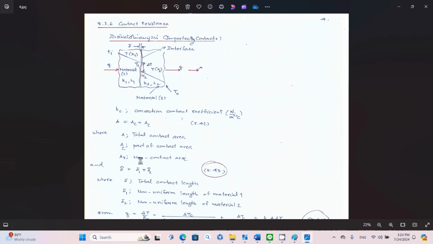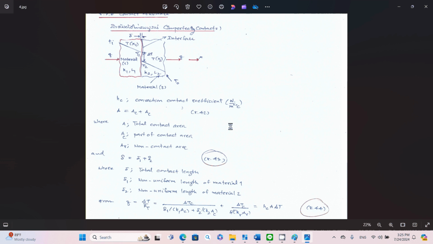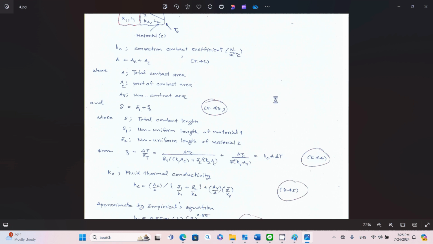You have a gap in the form of air. That's the non-contact area. So the total area is equal to the contact area plus the non-contact area, from equation 8.42.